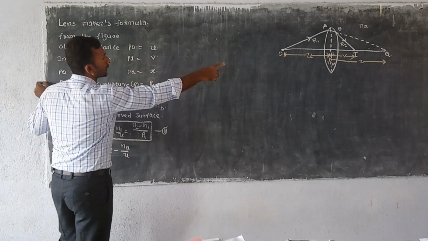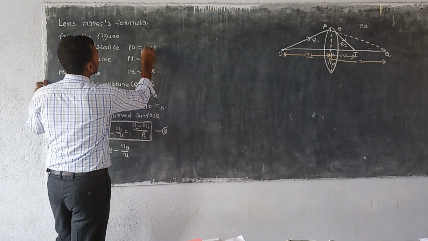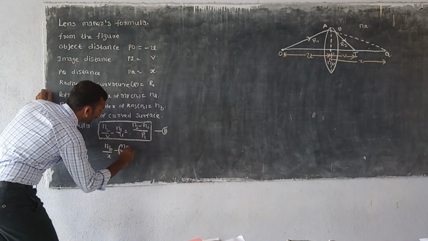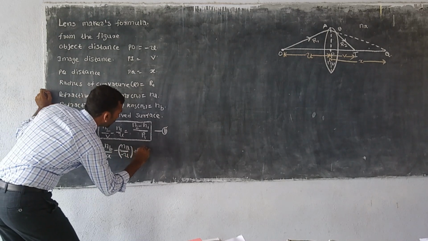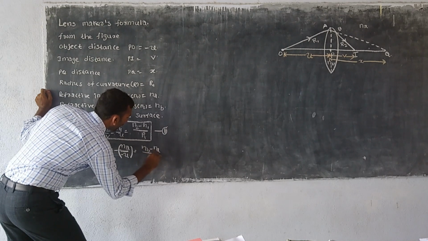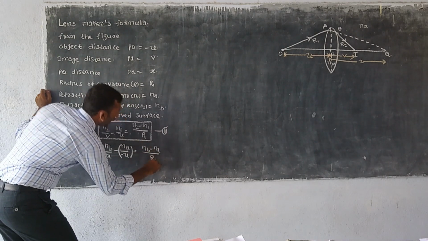U is in the direction opposite to the light ray direction, so we take it as minus, and we should write minus here also, equals N2 minus N1, that is NB minus Na, by R, which means R1.